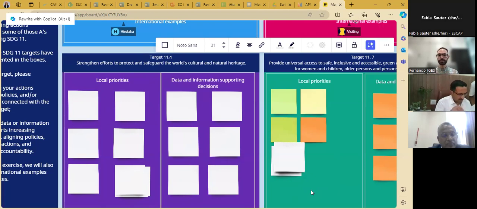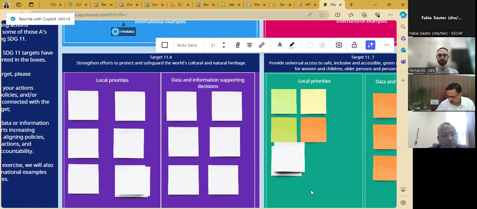If you have in your city monuments, sites, or districts that have special cultural significance and are a heritage for your city, what are the local priorities to save them? Also, if you have natural heritage, rivers, mountains, forests, anything that needs to be preserved, we would like to discuss this issue now.